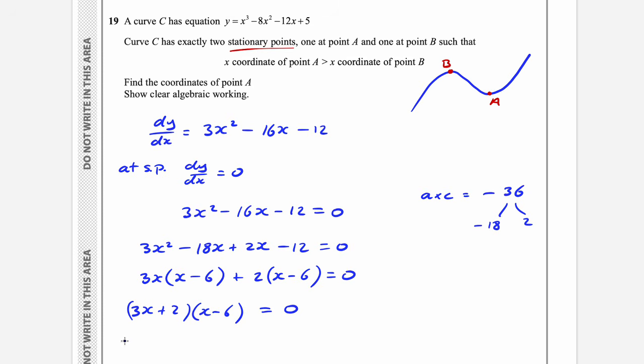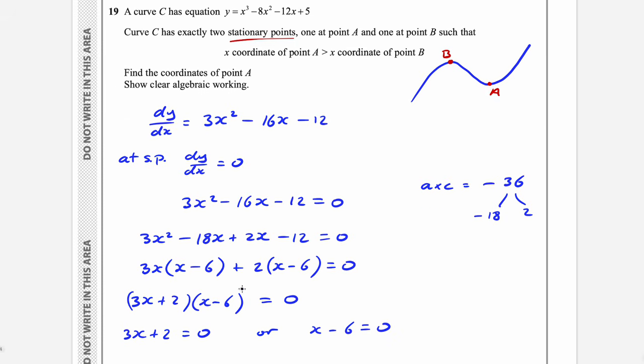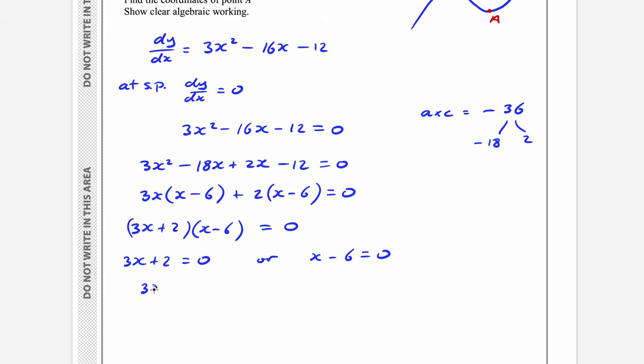I can say 3x plus 2 equals 0, or x minus 6 equals 0. So 3x equals minus 2, and x equals minus 2 over 3, or x is equal to 6. Now remember what I said, guys.